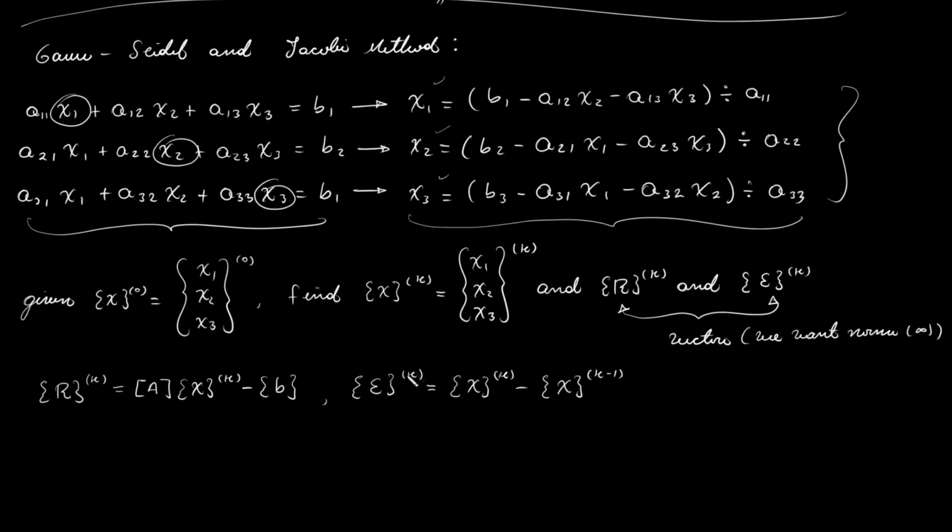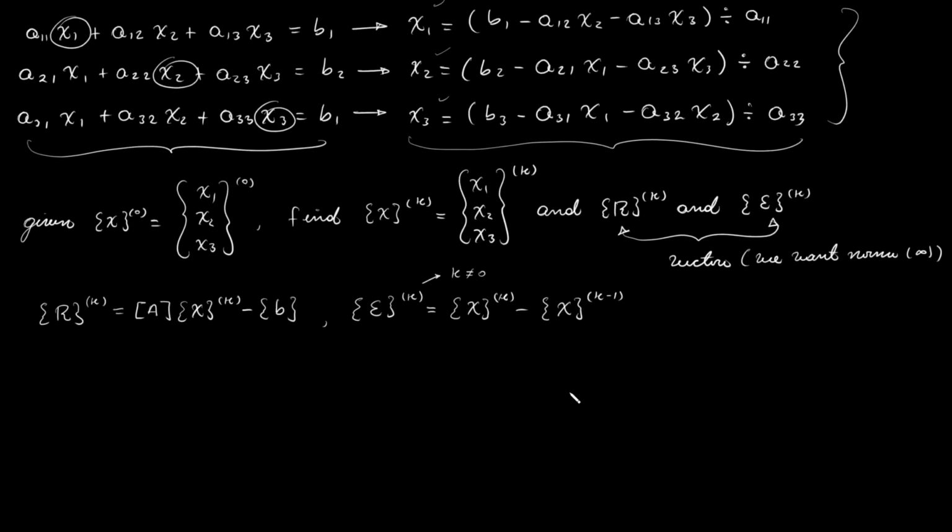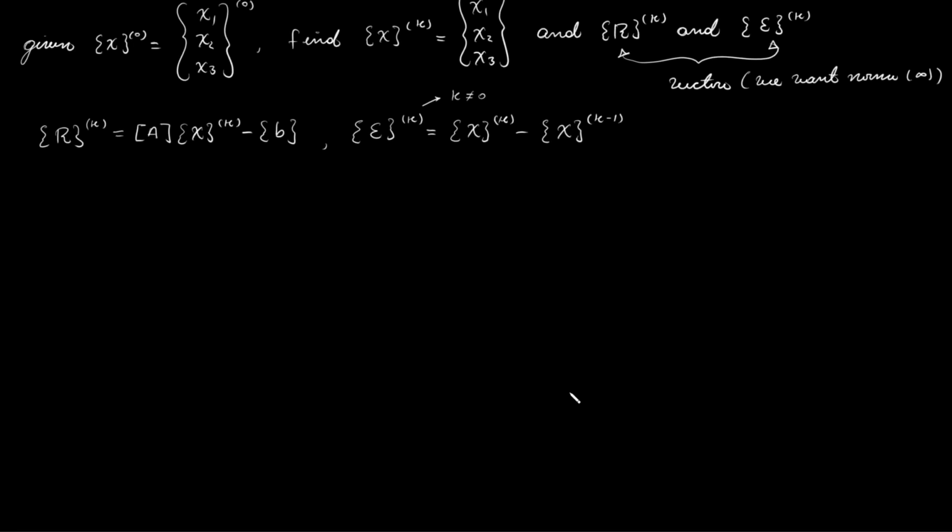What is important to think here is that k cannot be equal to 0, because there is no such thing as an initial iterative convergence. You start at 1 and you move on, because if you're at 0, there is no such thing as x at minus 1. You cannot compare it to anything.